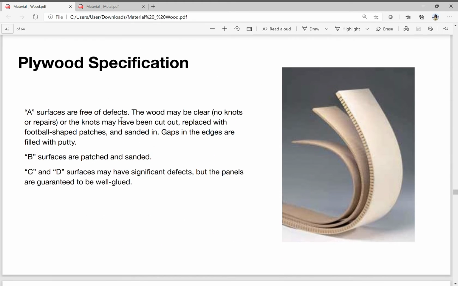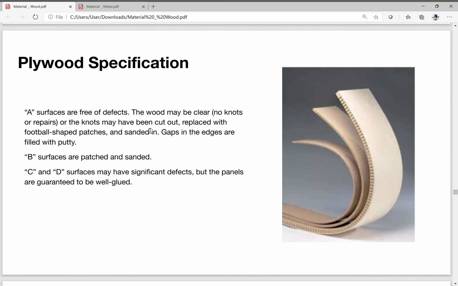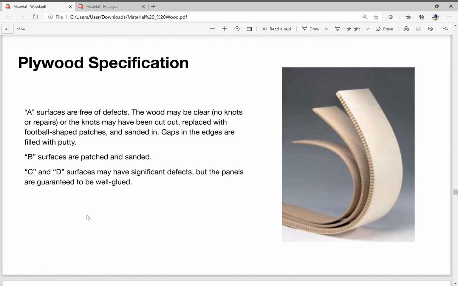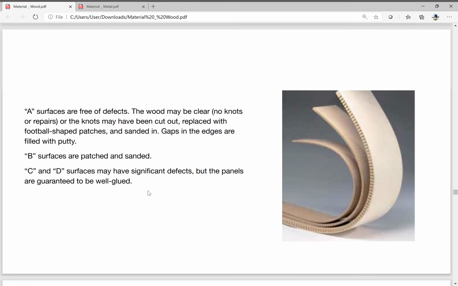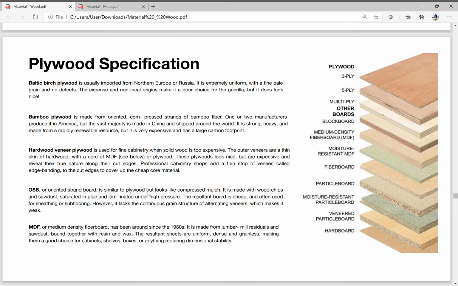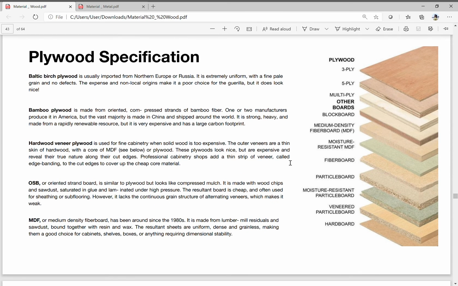So you have different specifications for wood. You have your grade A, free of defects. B, surfaces are patched and sanded, and C and D have defects, but the panels are still guaranteed to be well glued. So there are a lot of plywood specifications to consider.